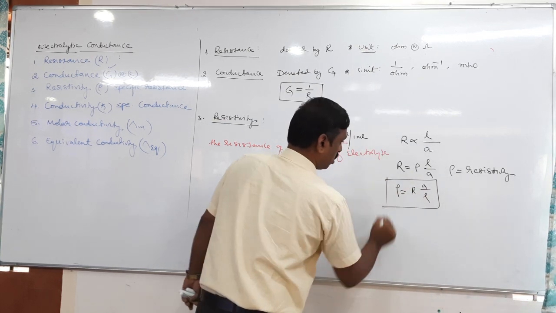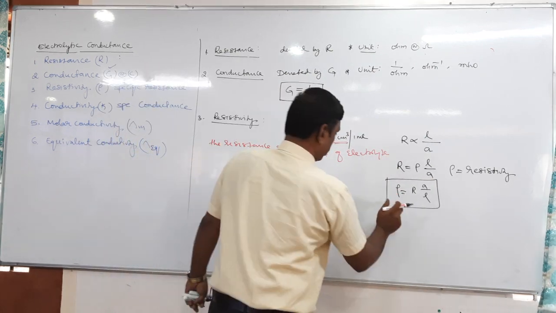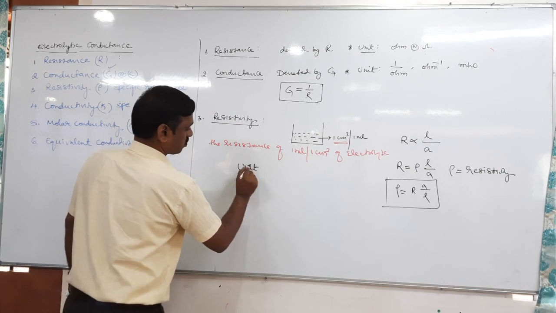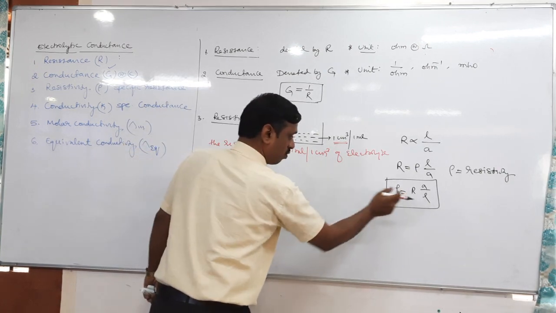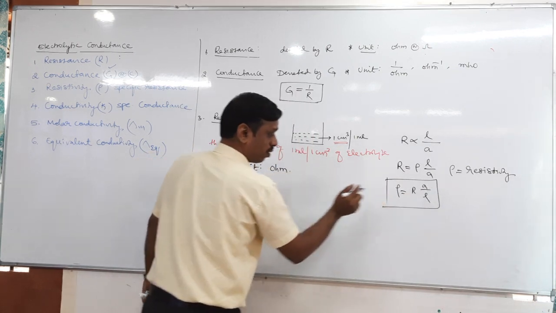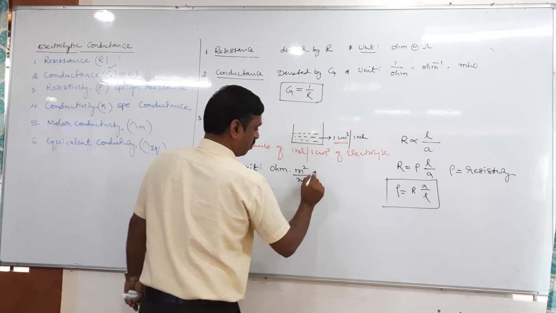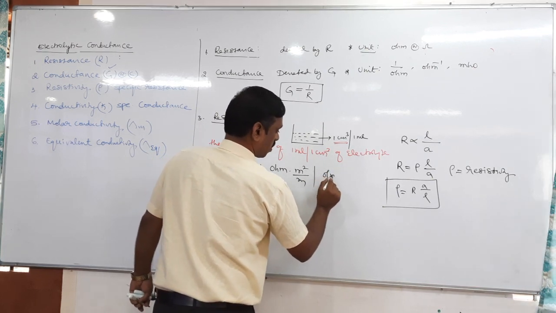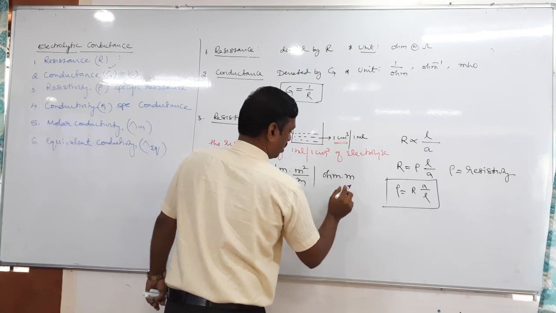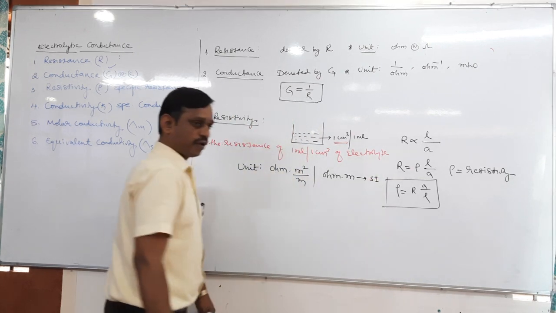Now what is the unit of resistivity? The unit can be taken from that: ohm into meter square by meter, which means ohm into meter. That is the SI unit.